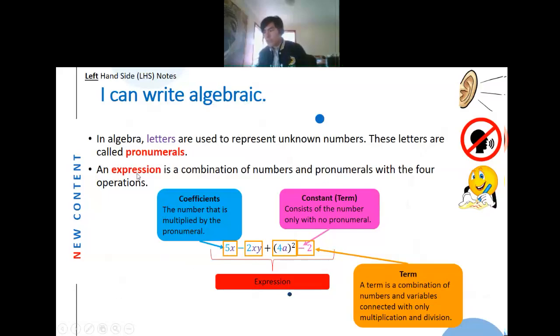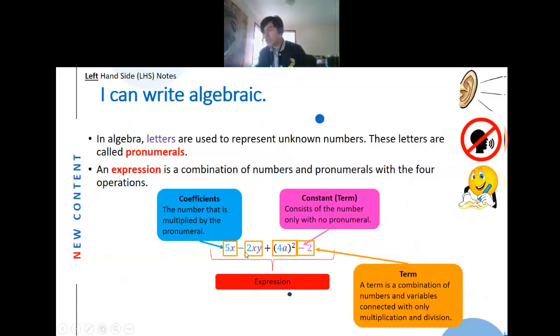So an algebraic expression is a combination of numbers and pronumerals, okay, with the four operations. So you can see down here, you've got 5x minus 2xy plus 4a in brackets squared and then minus 2.